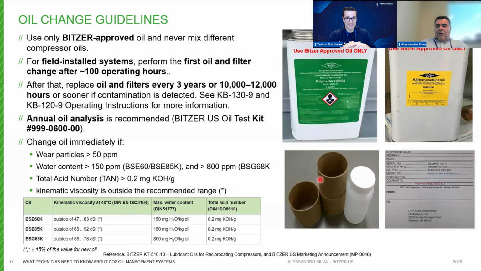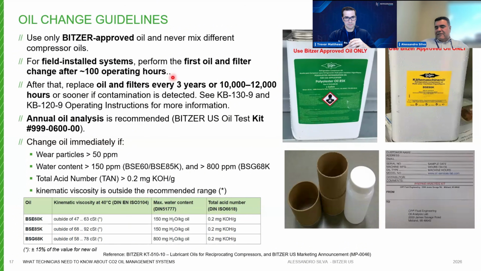Here in this slide, I'd like to show the oil change guidelines. I love this. Oil doesn't last forever. It's like any machine, cars, compressors. So you have to take care of the oil of your compressor. Based on our recommendation, for field installed systems, the first oil and filter change needs to be after 100 operating hours.